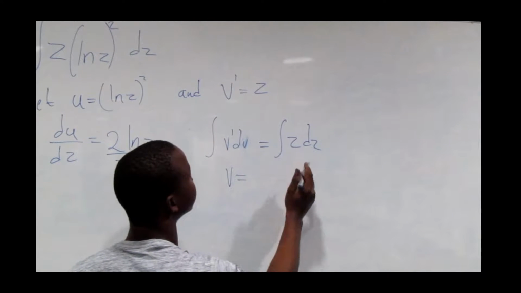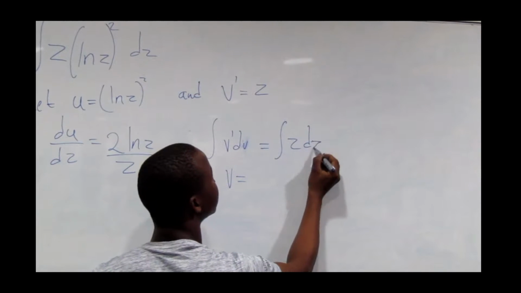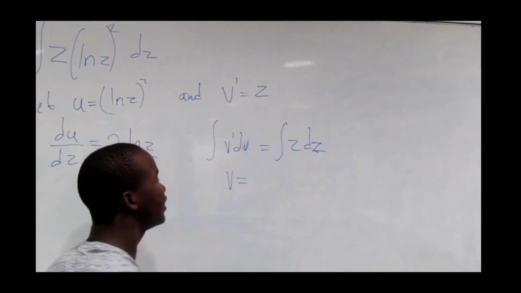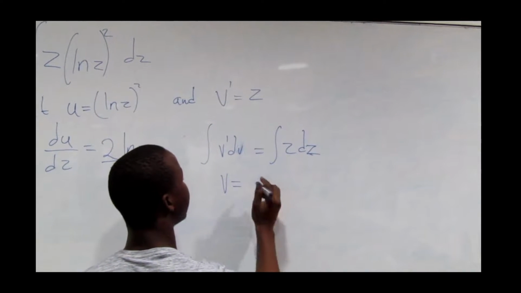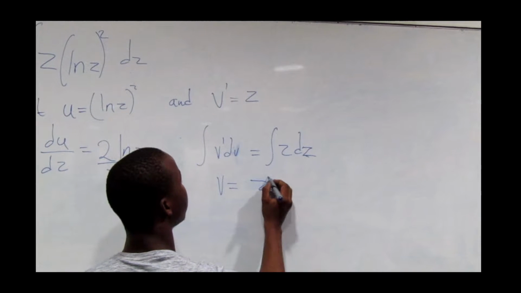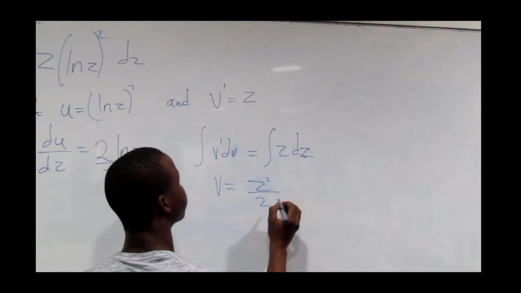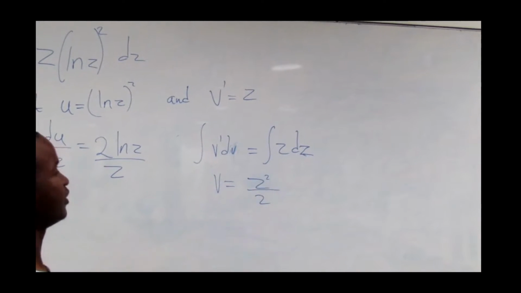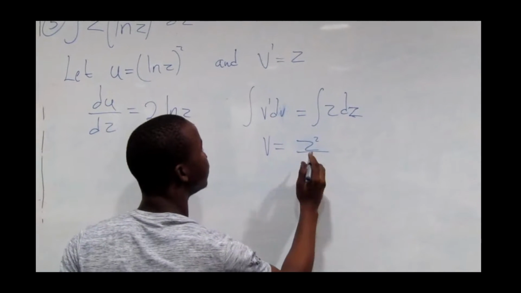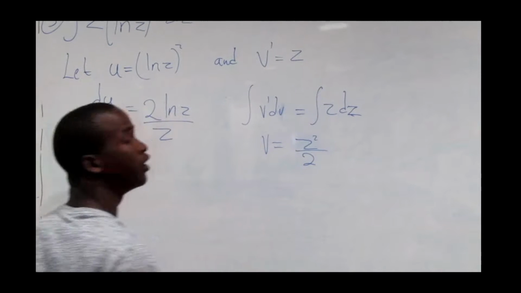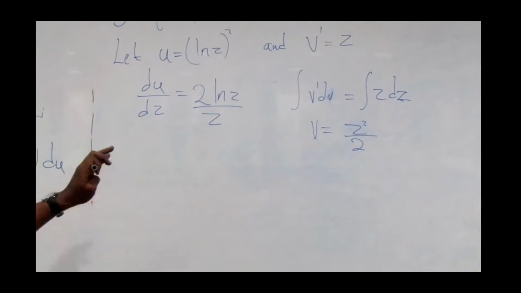When we integrate z, it's going to be z to the power 1 plus 1, which is 2, over 2. We don't add plus c. So this is z squared over 2.